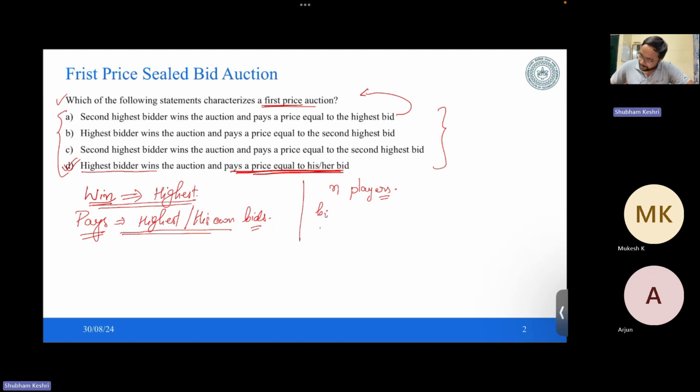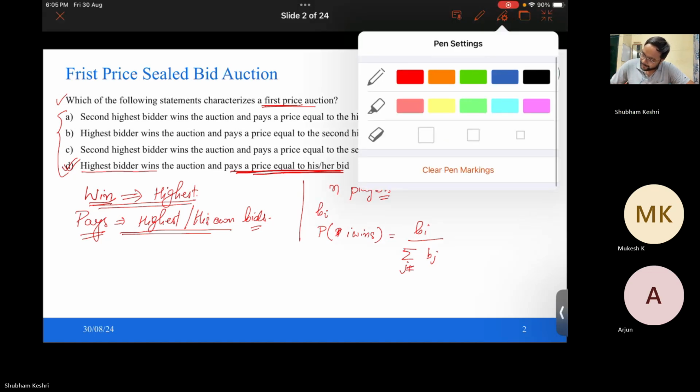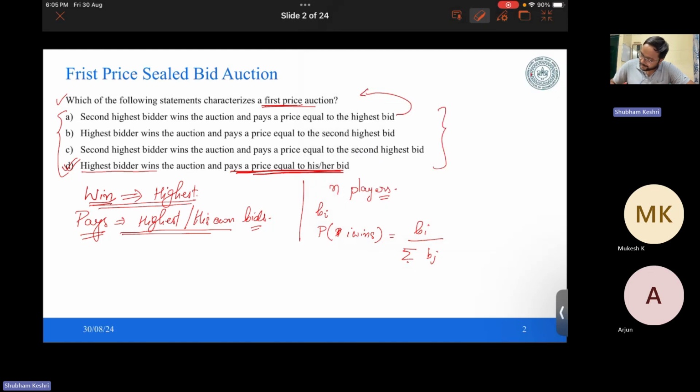The probability that player i wins is given by Bi divided by the summation of Bj over all j, including i. So this is one example where the winner is decided by probability, not the highest bid.